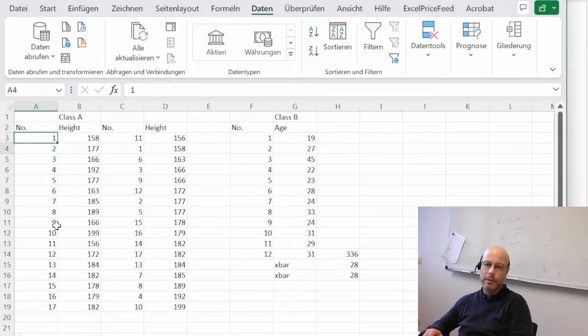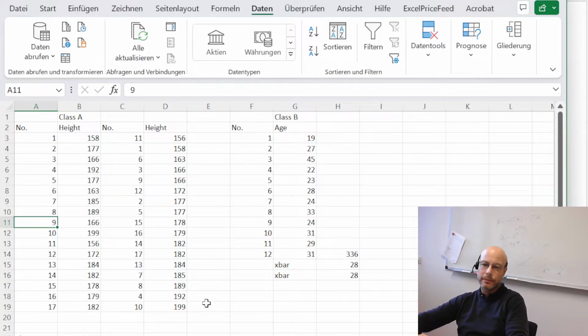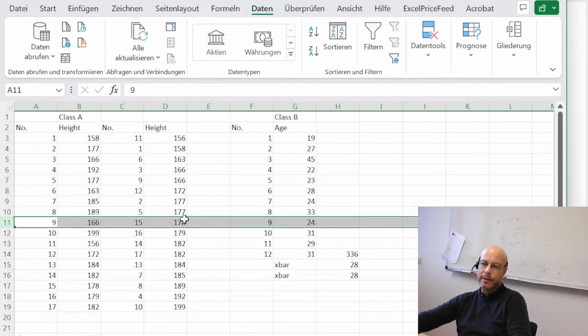So we have 1, 2, 3, 4, 5, 6, 7, 8. So we have below 9 people. Then it should be here the number 9, that this would be the median.